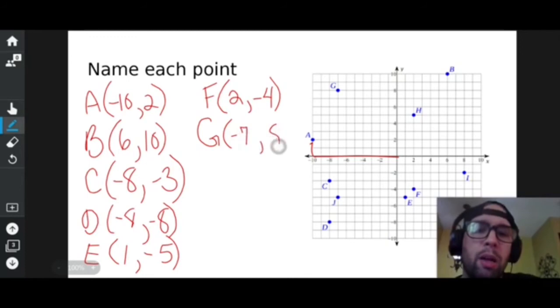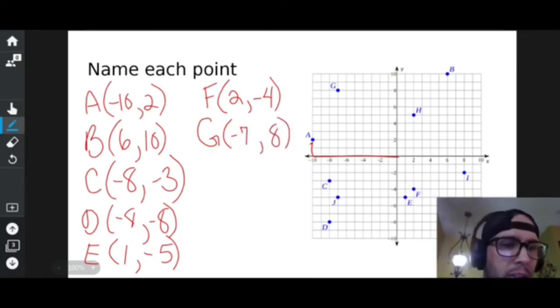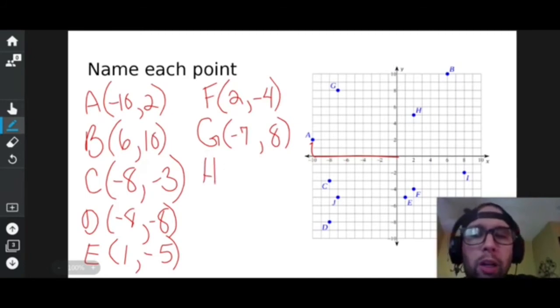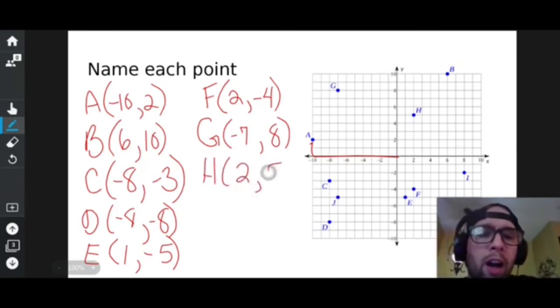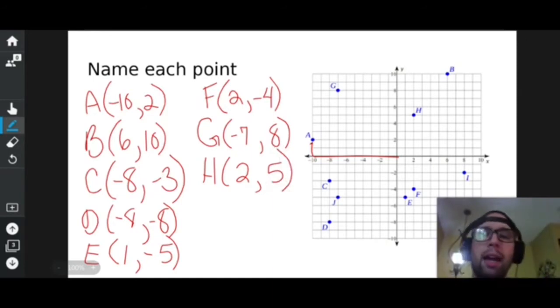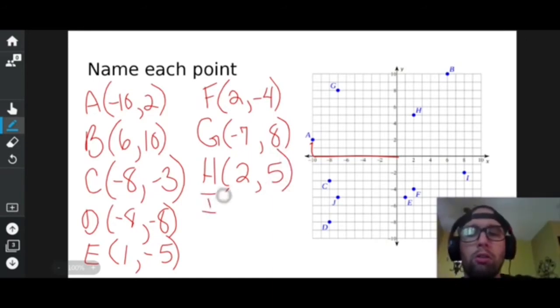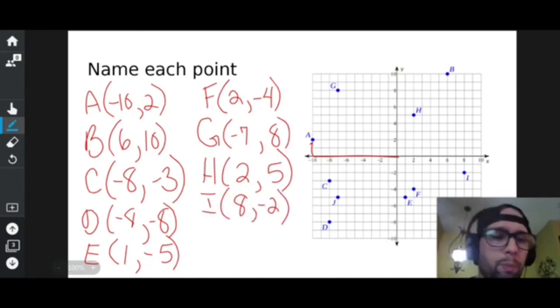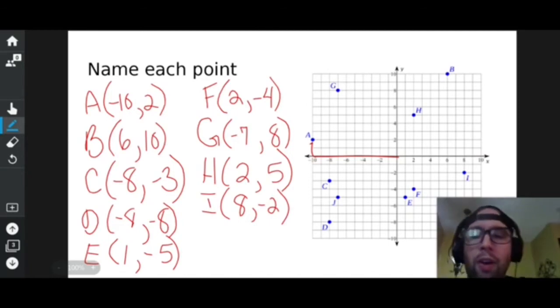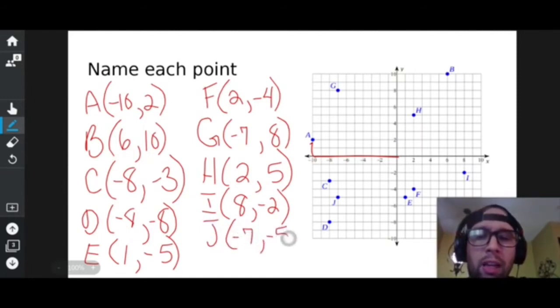Up 8 is positive 8. H is right 2, up 5. So H is going to be right 2, which is positive 2, up 5, which is positive 5. I is right 8, down 2. So right 8 is positive 8, down 2 is negative 2. J is left 7, down 5. So left 7 is negative 7, down 5 is negative 5.